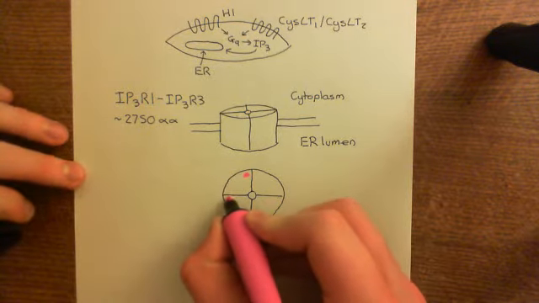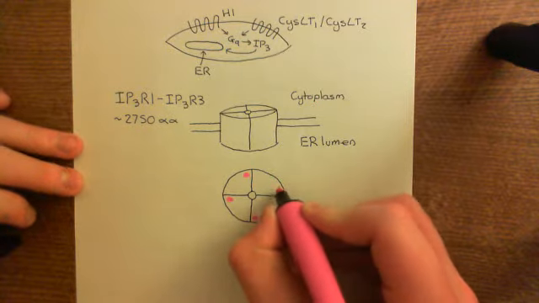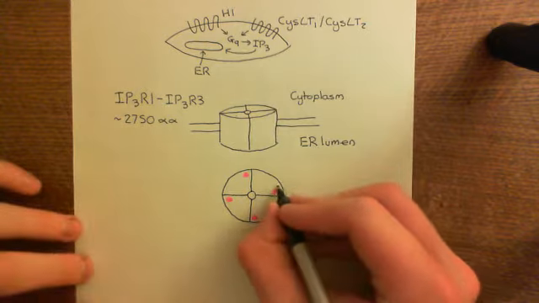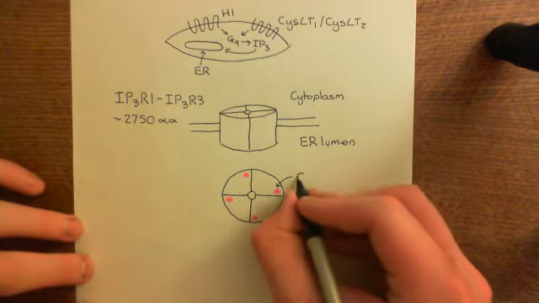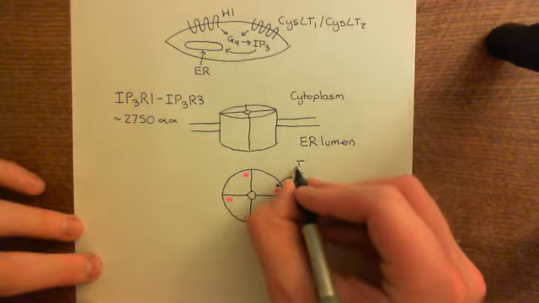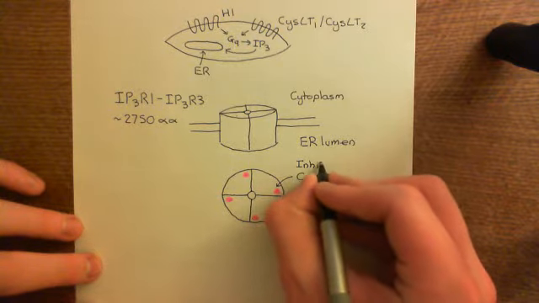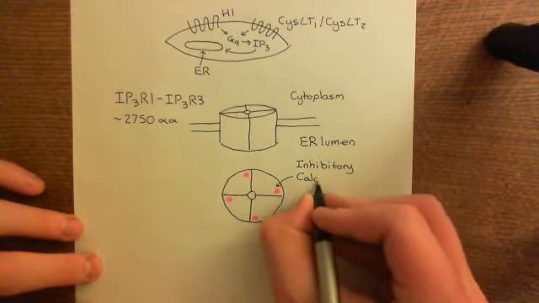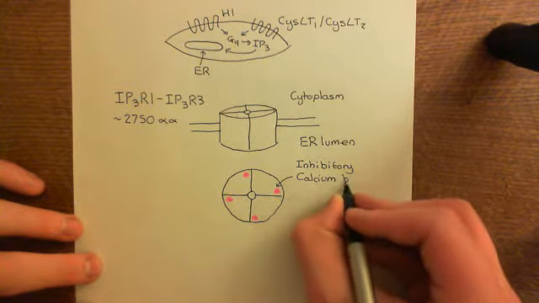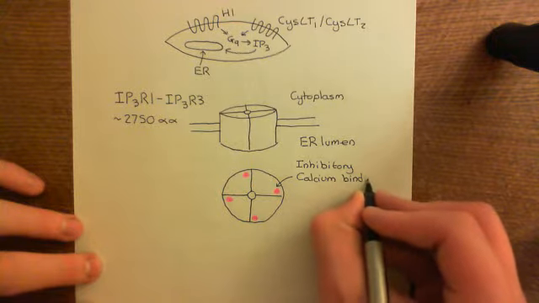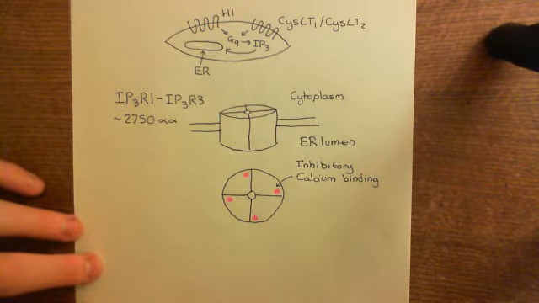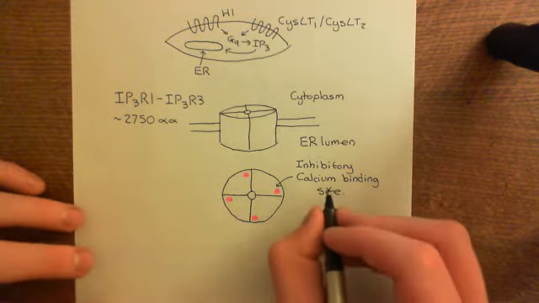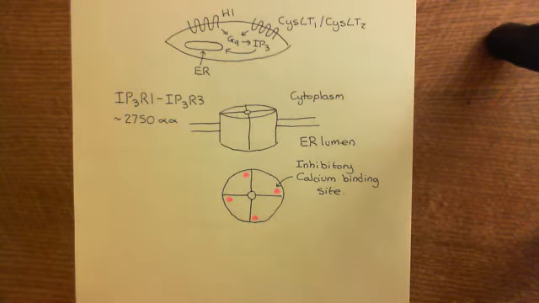The current model is that you have 4 calcium inhibitory binding sites initially available on the surface of the IP3 receptor. Every single one of the subunits has an inhibitory calcium binding site. Now if calcium binds in this inhibitory calcium binding site, it will make the probability that the channel will open even lower, i.e. it will inhibit the IP3 receptor.